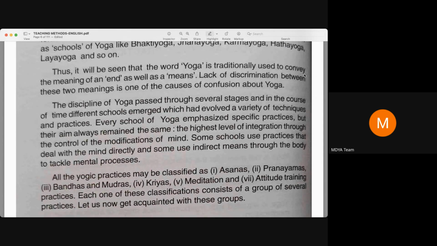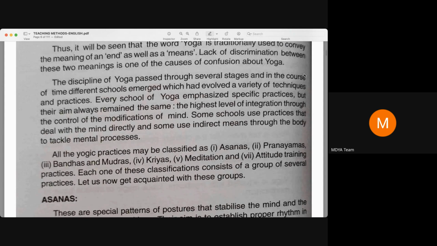So the discipline of yoga passed through several stages, and in the course of time, different schools emerged, which evolved a variety of techniques and practices. Every school of yoga emphasized specific practices, but their aim is always the same: the highest level of integration through the control of modification of the mind.